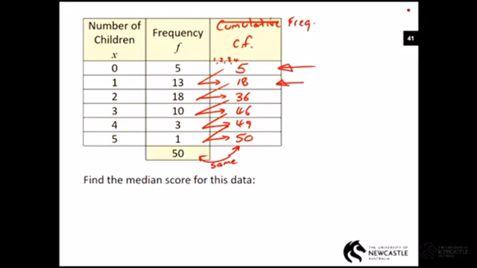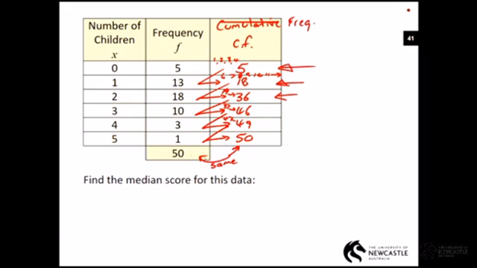In other words, after the 5, the 6th, 7th, 8th, 9th, 10th, 11th, blah, blah, blah, onto the 18th were all 1s. But the 1s stopped at the 18th score. This row tells me that from the 19th score through to the 36th score, they were all 2s. From the 37th score to the 46th score, they were all 3s. From the 47th through to the 49th, they were all 4s. And the 50th score was a 5.